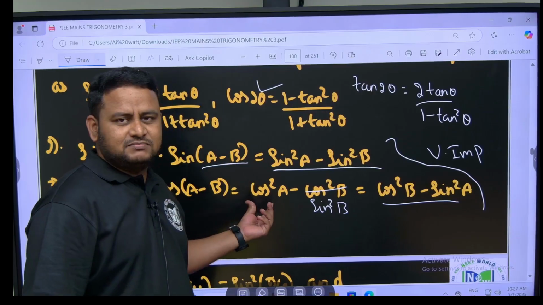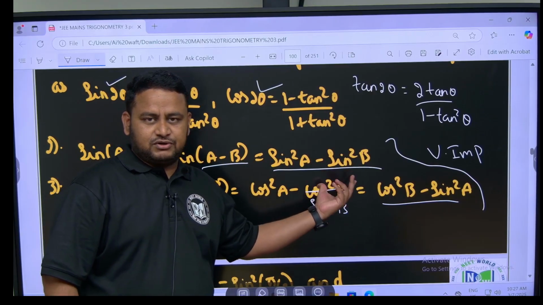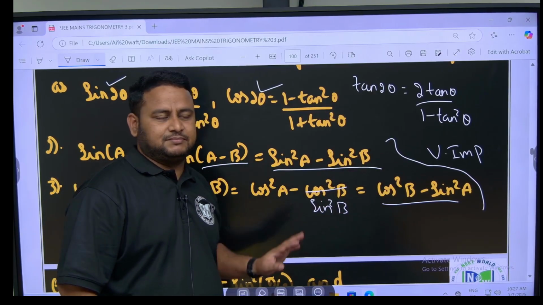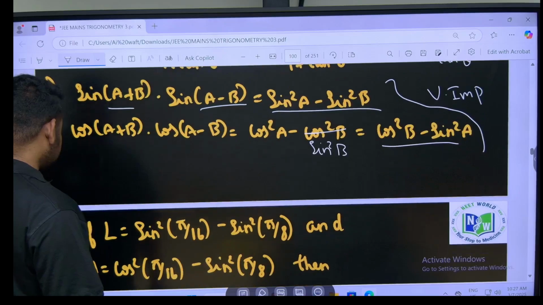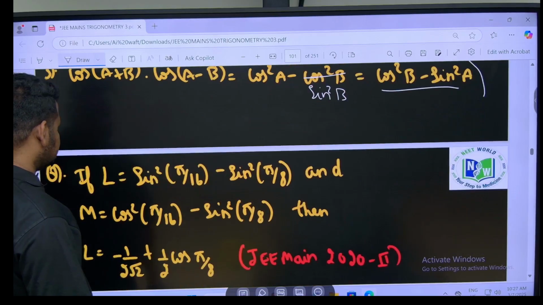If cos square a comes, sin square b comes. If cos square b comes, sin square a comes. Remember this. Next, now based on this we will solve certain questions.